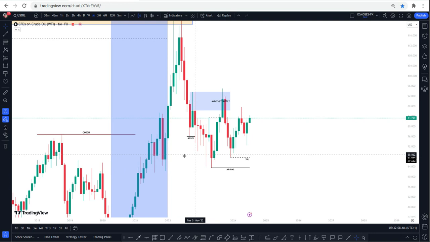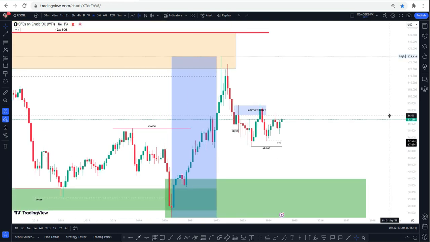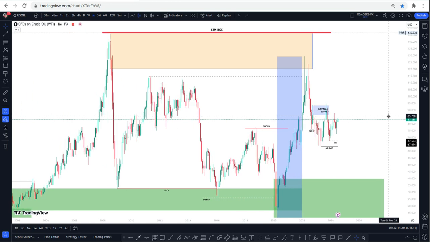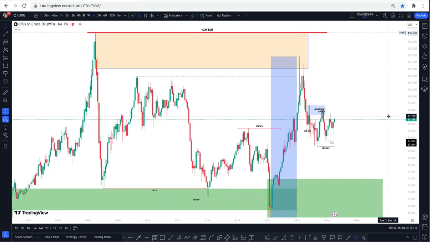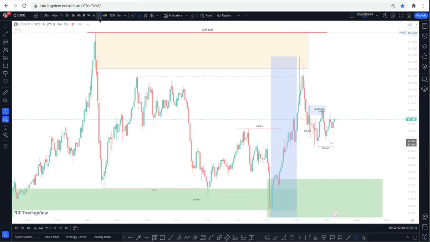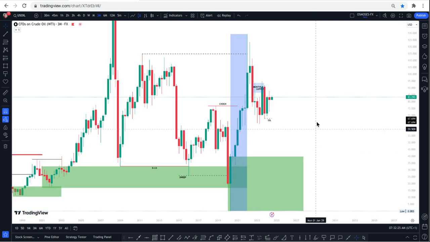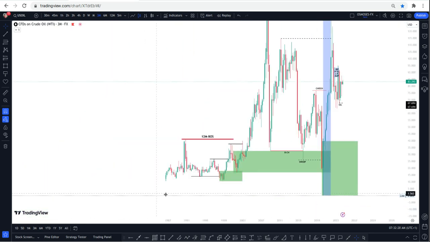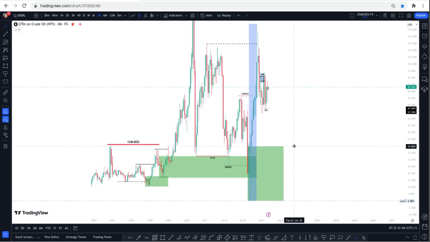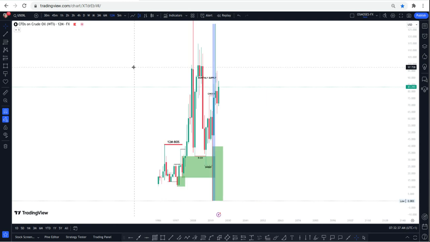I have price reacting to the retracement supply here. So in here we have a reaction. 3 months. Okay. So in here, 12 months.